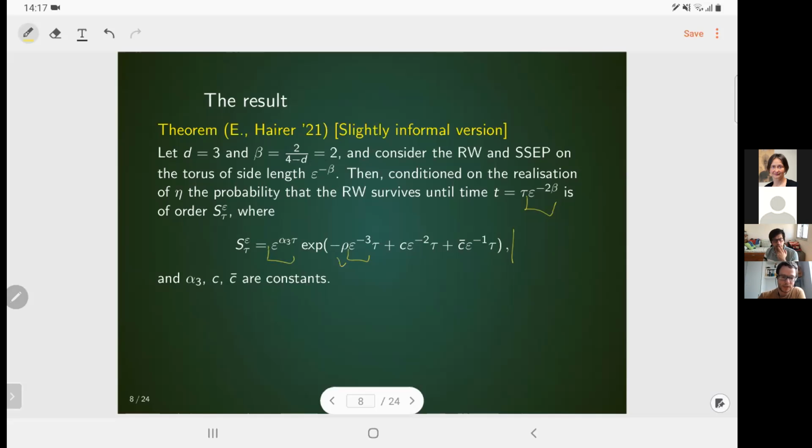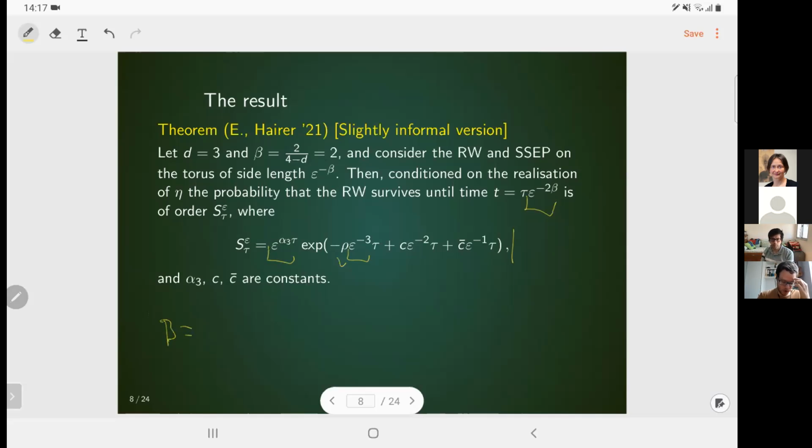So why was I writing this beta in this funny way? I could have just written 2, right? This would have been much easier. Well, the thing is, we think that this should be the general exponent. And it also shows, for instance, that in higher dimension, you can't really expect such a result to hold. So let's check the formula 2 over 4 minus d.